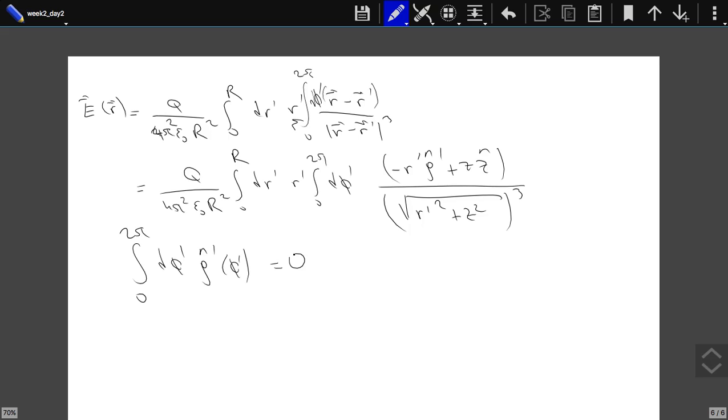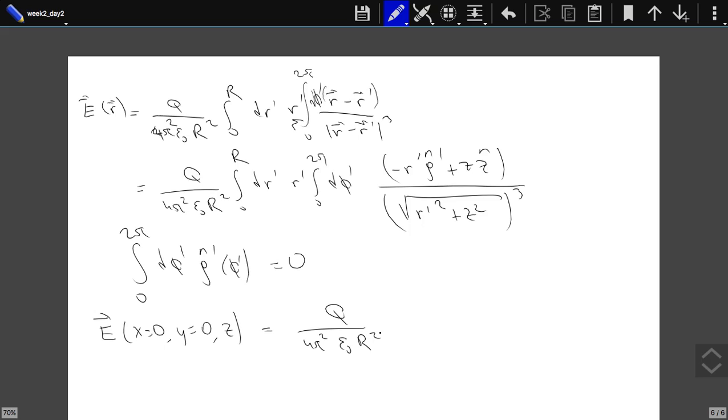So the electric field on the z-axis, that is x is equal to 0, y is equal to 0, z, is equal to q over 4 pi squared epsilon 0 r squared. Now, we know that rho hat integral is 0. Nothing else depends on phi. Now I can evaluate the phi integral.